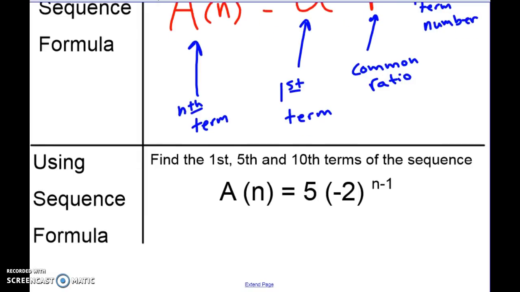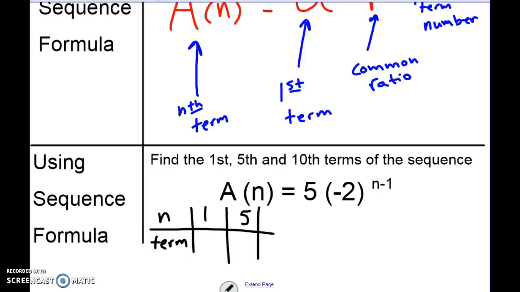So to use our formula, it says find the first, fifth, and 10th term of the sequence. We have a of n equals 5 times negative 2 to the n minus 1. They are asking us to find the first, the fifth, and the 10th. So I would have a column for n, the term, and instead of going 1, 2, 3, 4, 5, 6, I would just say 1, 5, and 10.